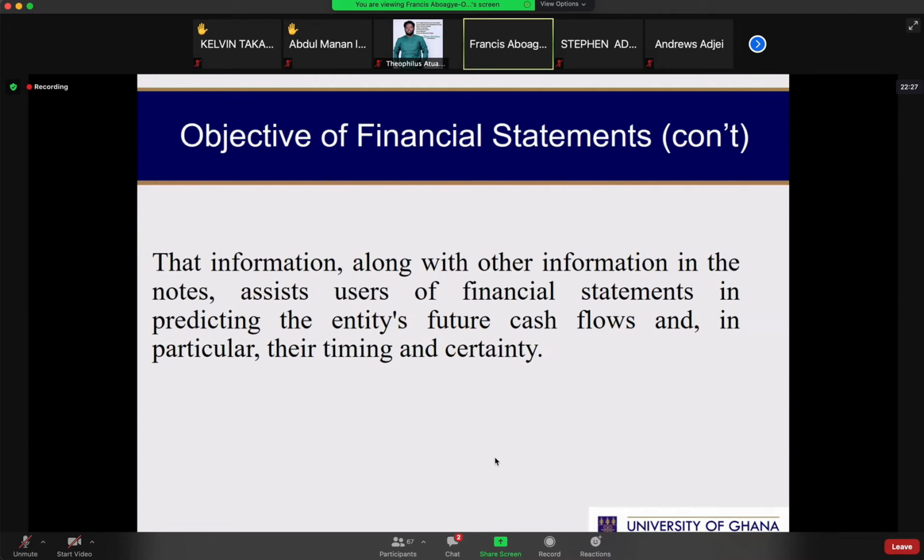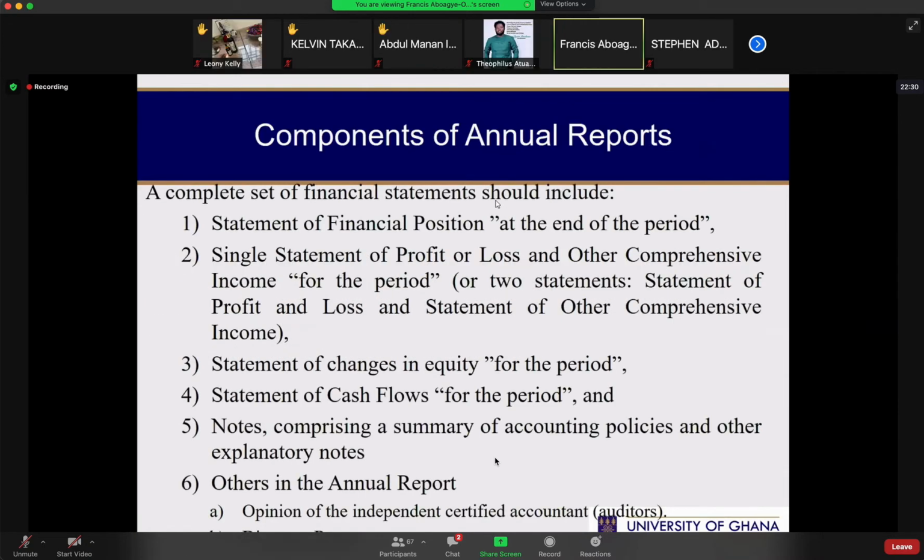All right. Now let's look at the components of the financial statement. Okay, so James, you said you cannot see part of the screen. Yes, please. Which part? So what we have on the screen now, you can see up to what point? From set, I can see the set of financial statements should include.